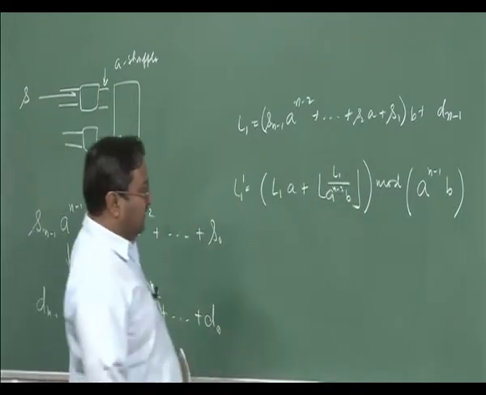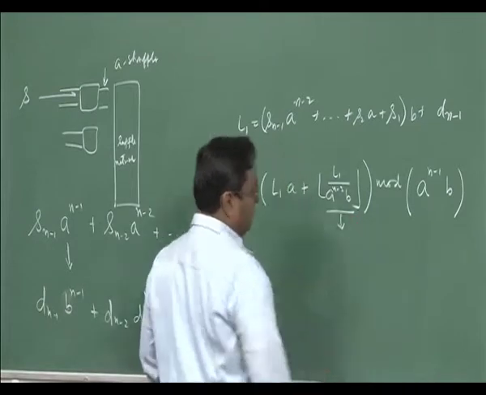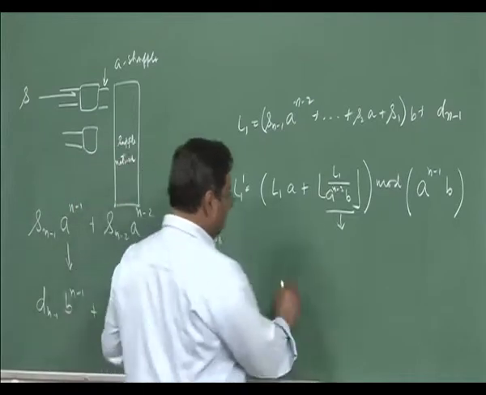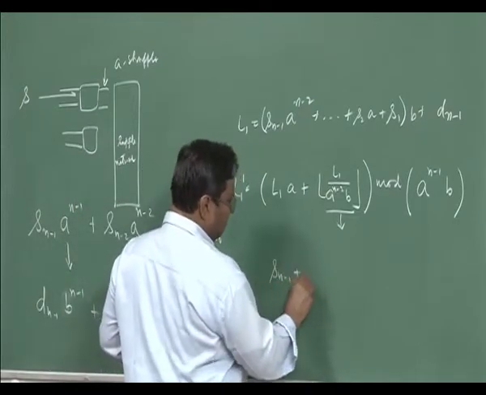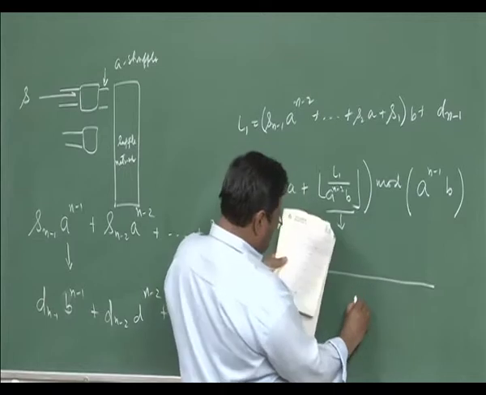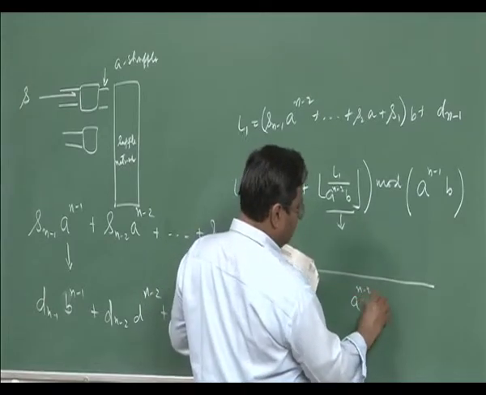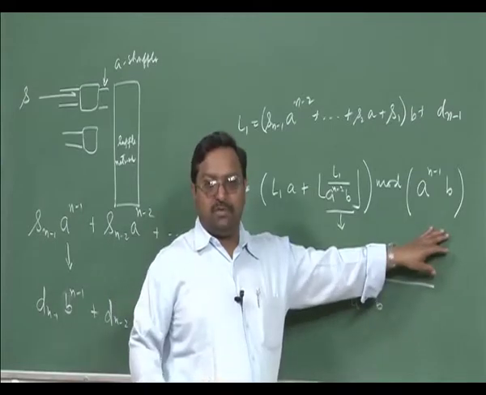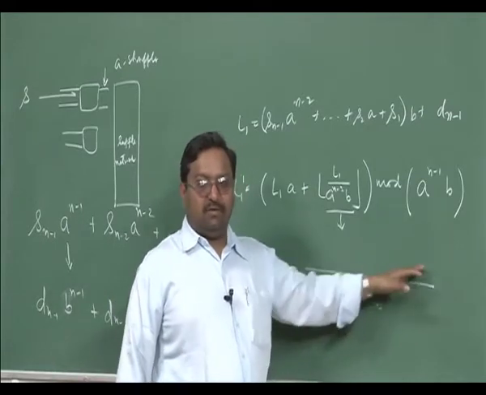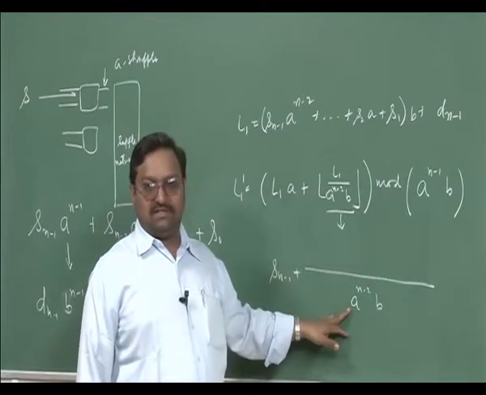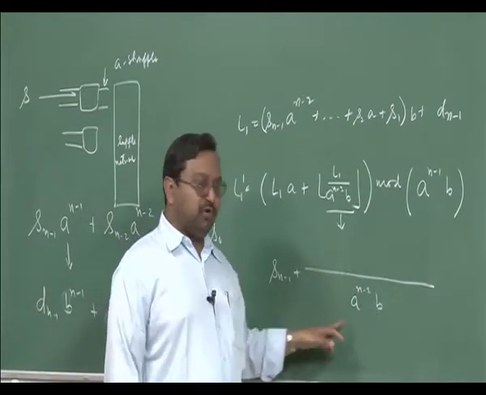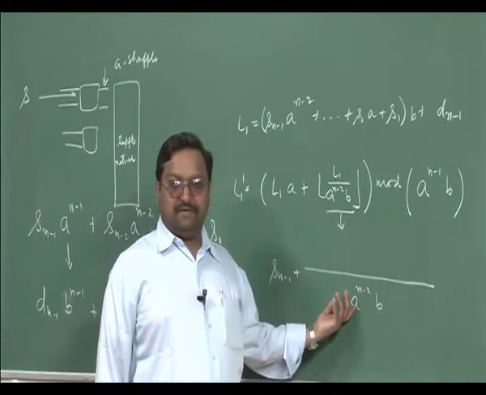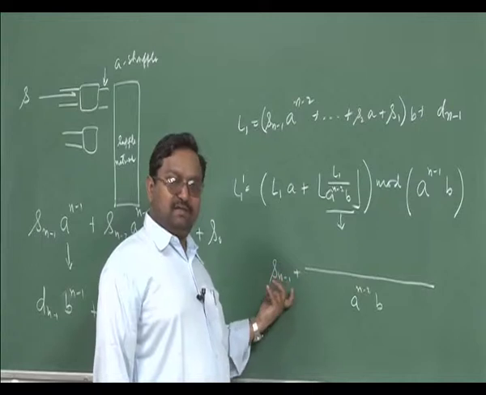In fact, what we did is we took this particular thing out and wrote the whole expression. It turns out to be something like Sn minus 1 plus everything divided by A raised power n minus 2 B. In the numerator we put all possible maximum values, and we figured out after doing all the summation that that value is less than this. So this is always going to be a fraction, and when I take a floor function, if this is a fraction and this is the integer, this is what I will get.